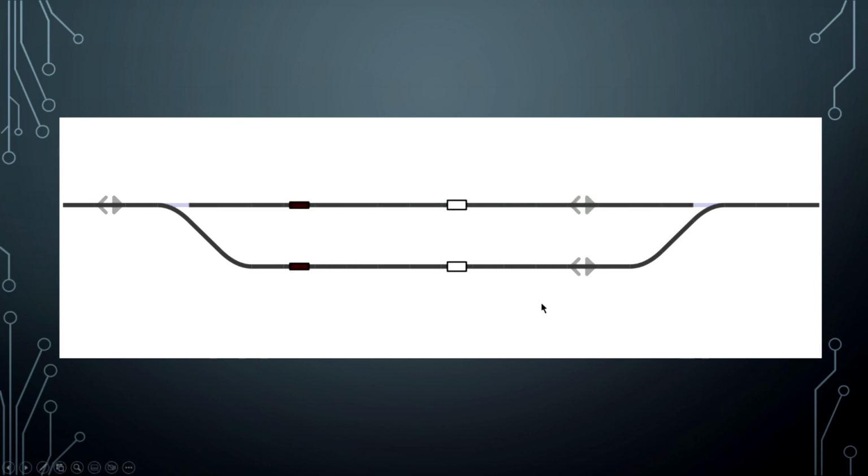Gone are all the different values depending on the layout scale, the type of block and the train's speed.